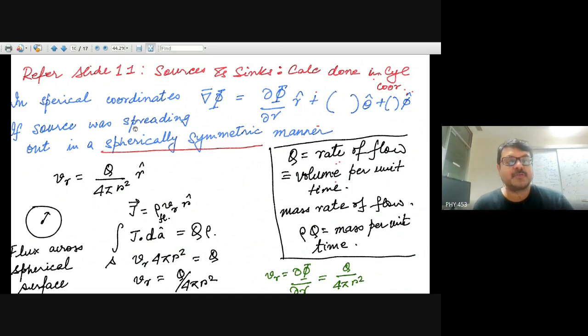If the source was spreading out in a spherically symmetric manner, then you can calculate the spherically symmetric radial velocity field as q by 4 pi r square, using very similarly the current, the flux essentially, which will be rho L VR. You integrate over the surface area 4 pi r square, and you'll get VR equal to q by 4 pi r square.